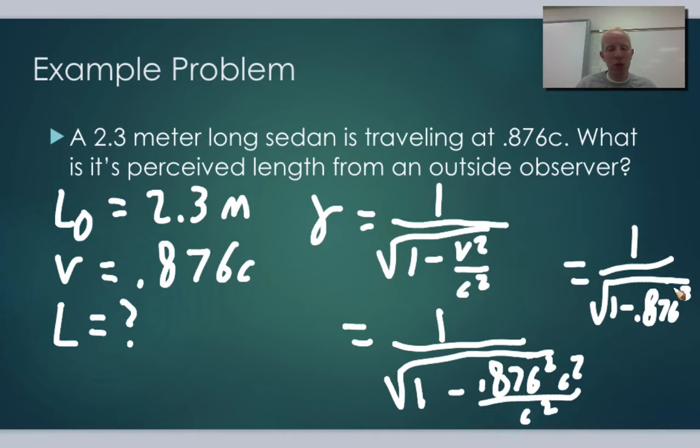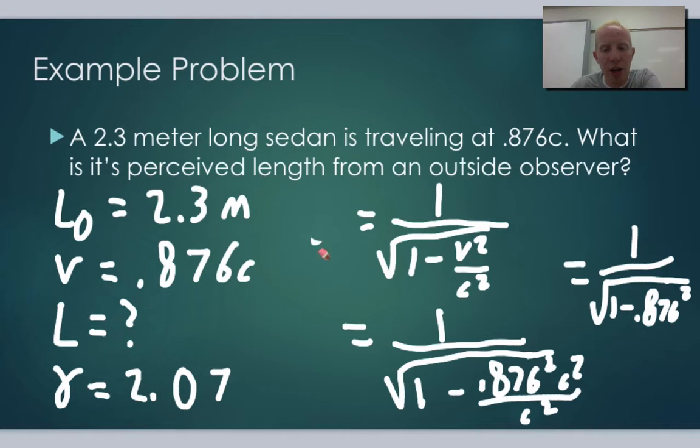Okay, so we can plug that into our calculator. 1 divided by the square root of 1 minus 0.876 squared. And we get that gamma, or the Lorentz factor, is about 2.07. Or in other words, time flows faster for the observer by this much, or the length is contracting by this much.